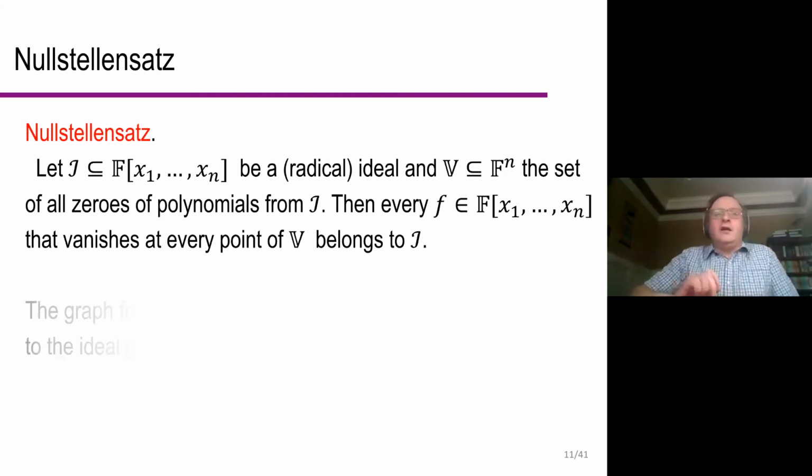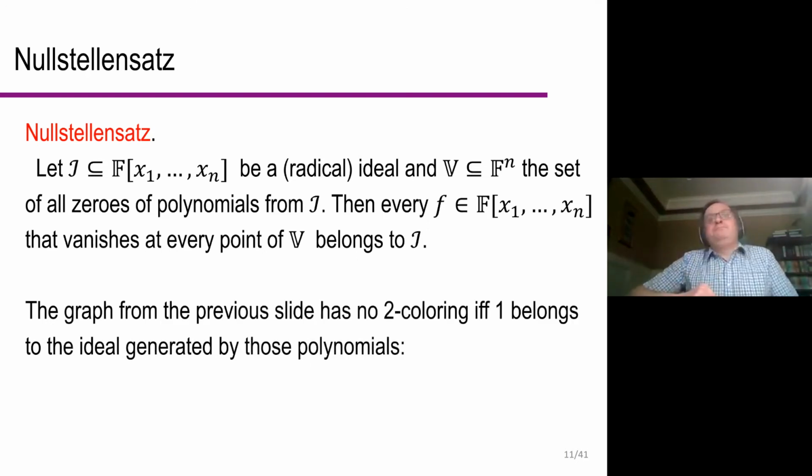Okay. So, for instance, the graph from the previous slide, which is just a triangle, right, has no two coloring if and only if the polynomials, those 6 polynomials from the previous slide, have no common zero.